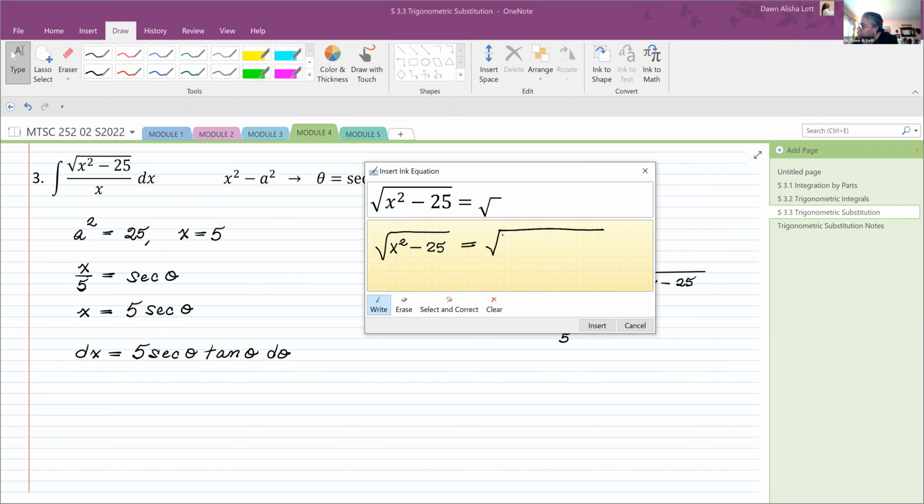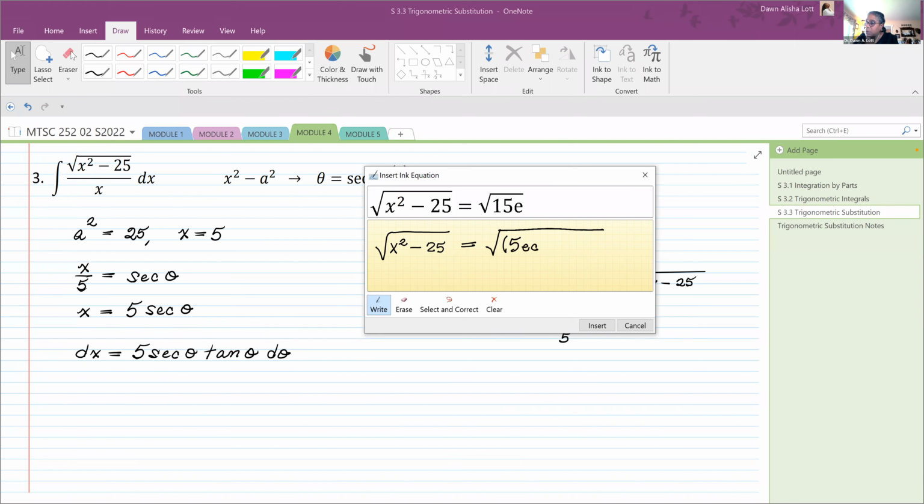So x squared is 5 times the secant of theta, squared, minus 25.